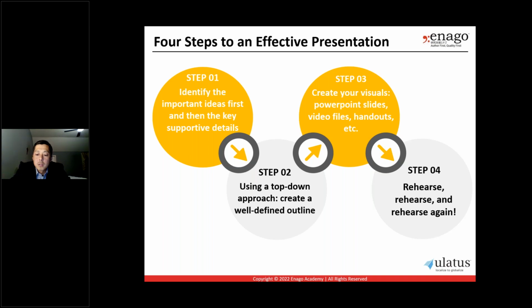Just pick the ones that are really important. Define the outline of what you're going to talk about, then start creating your PowerPoint slides. And of course, be prepared, rehearse. Like it was asked before, rehearse once, make changes, always make changes. You can always get better.